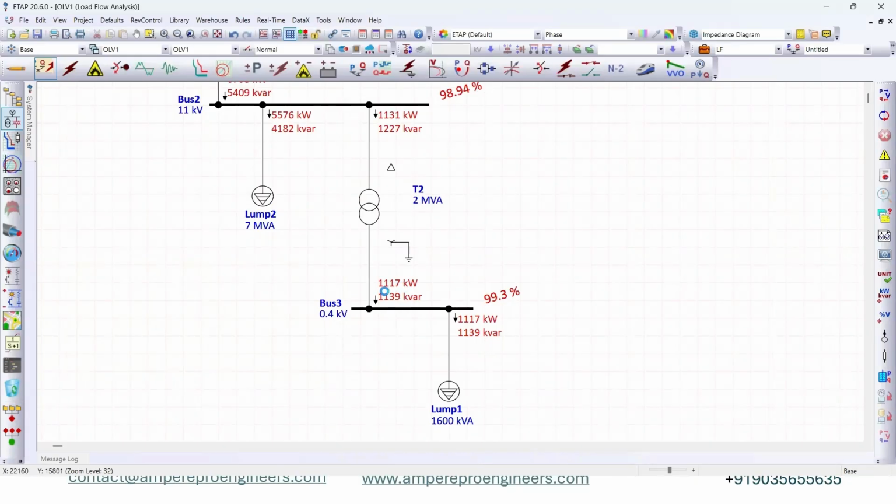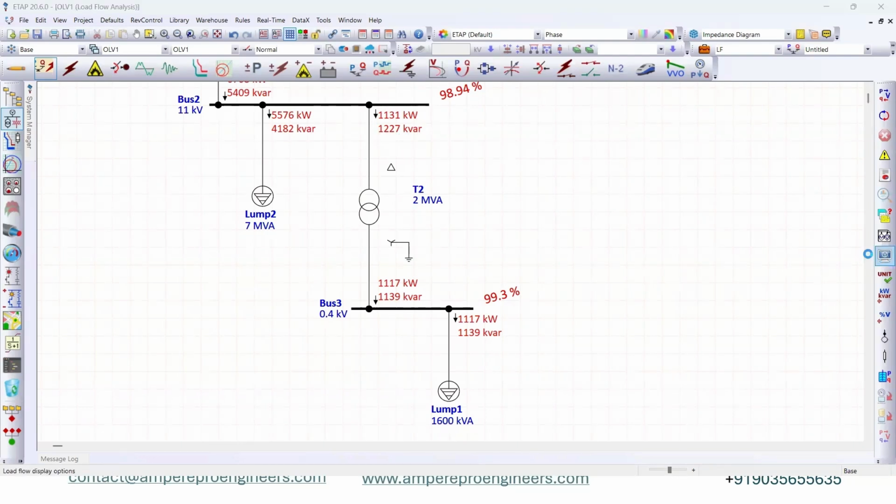That means only 1,117 kilowatt is required. But suddenly there is another requirement, because there is no other extra load. But why has this increased actually? 1139 kilowatt, 1227 kVAR. Why has it increased?